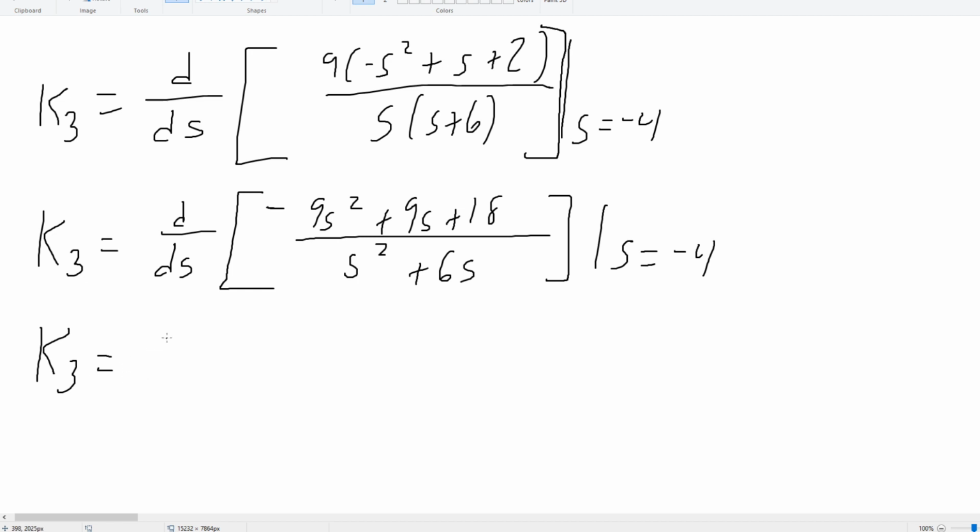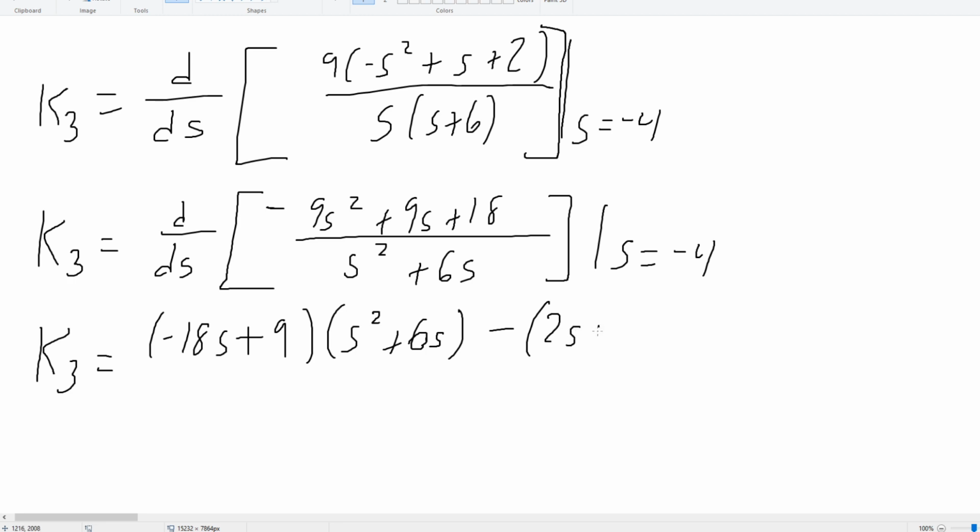So the derivative is going to look like this. Negative 18s plus 9. Right, take the derivative of the top and then multiply it by the bottom part, s squared plus 6s, minus, now you take the derivative of the bottom part, which is 2s plus 6, and then you multiply that by the top part, negative 9s squared plus 9s plus 18.